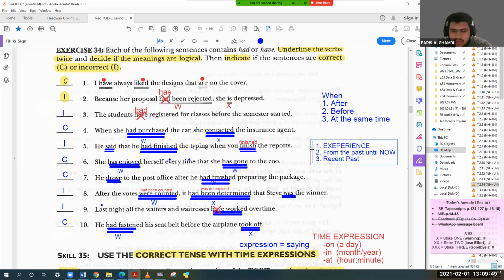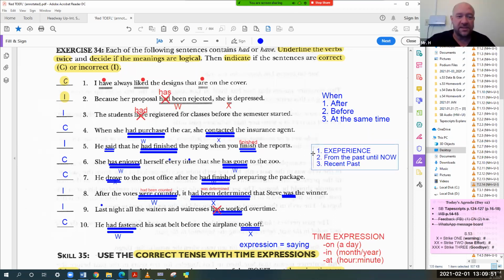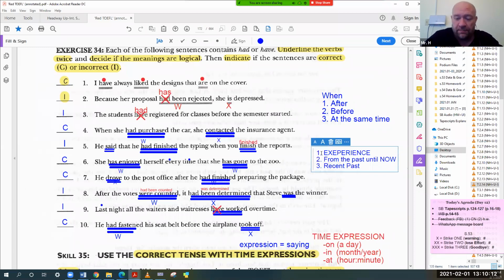Is this the uses of the present perfect? Yes, this is how we use the present perfect. Now you were thinking of recent past, but you were thinking of the continuous, which is called the present result, right? But I'm only talking about the simple.